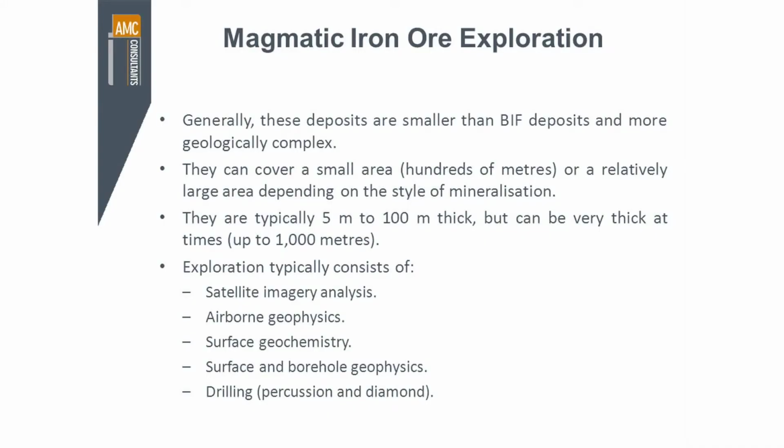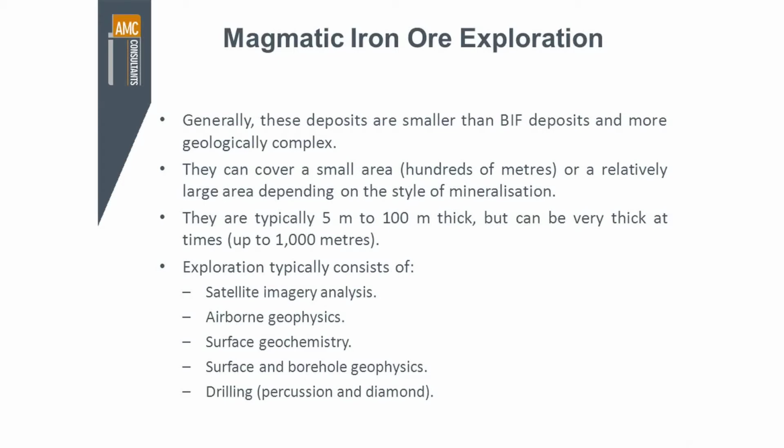So the other source of iron ore comes from what we'll loosely call magmatic iron ore deposits. And generally these are much smaller than banded iron formations, and they're more geologically complicated because unfortunately that's just the way they're formed. They can cover quite small areas, but some of them actually can be quite large areas as well.